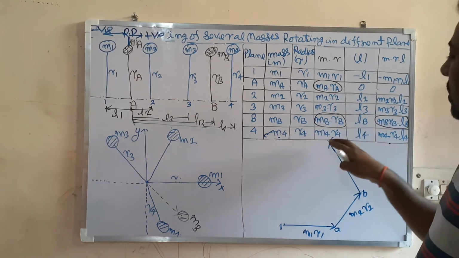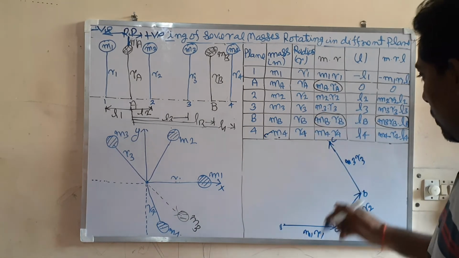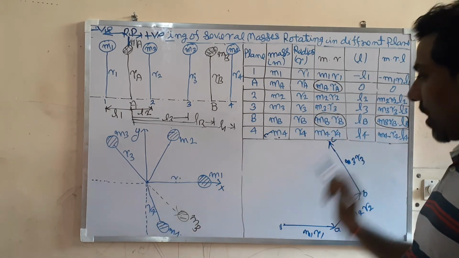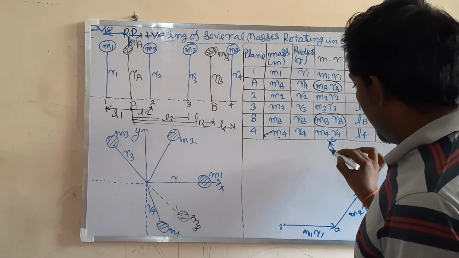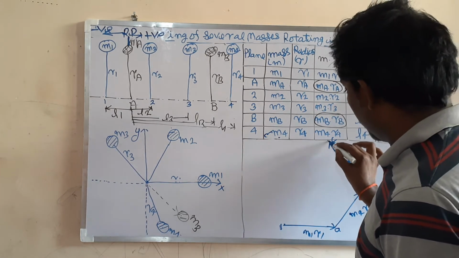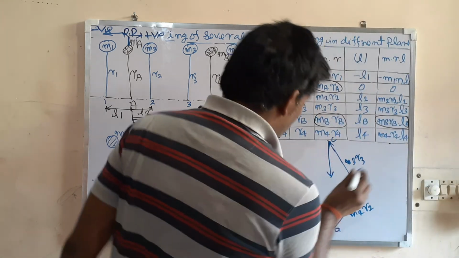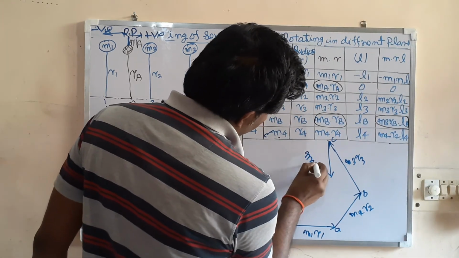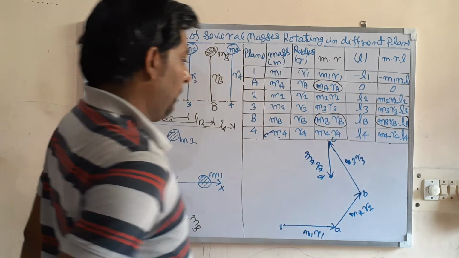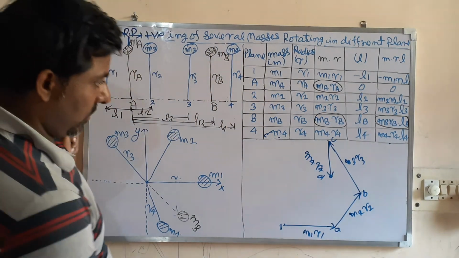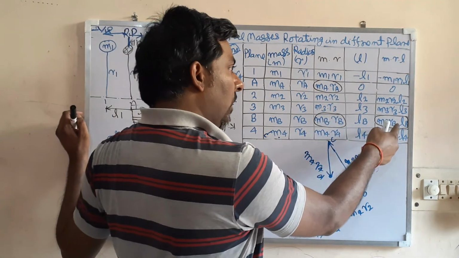So first let us draw this M4 R4 because that is already known. So that is in this direction. So this is M4 R4 and say this is D. And this is now known from the couple polygon, so it can be drawn.